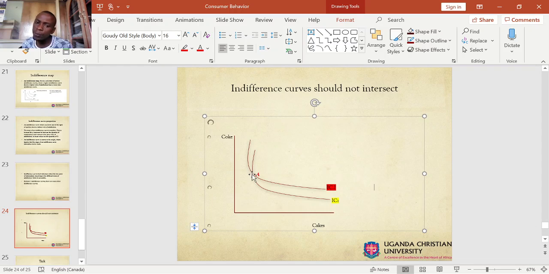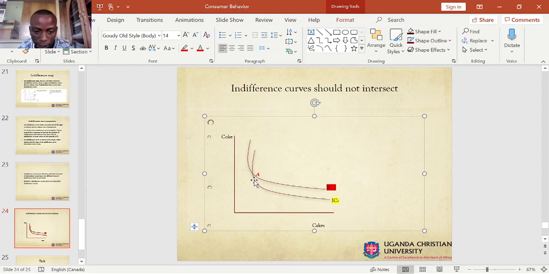But this point A can make us change our mind. Recall when we were talking about consistency, transitivity, and the points on the same indifference curve giving the same level of satisfaction, all that can explain this.